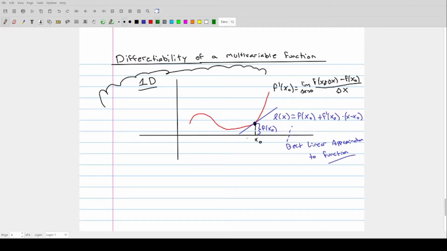And what this basically means is that if you look very, very close to the point, so say you go to x naught plus delta for some delta, and x naught minus delta, so in a very, very small interval around this point, and think of delta as being very, very small here, the value of the function, the smaller delta gets, is closer and closer to the value of the linearization, the tangent line.